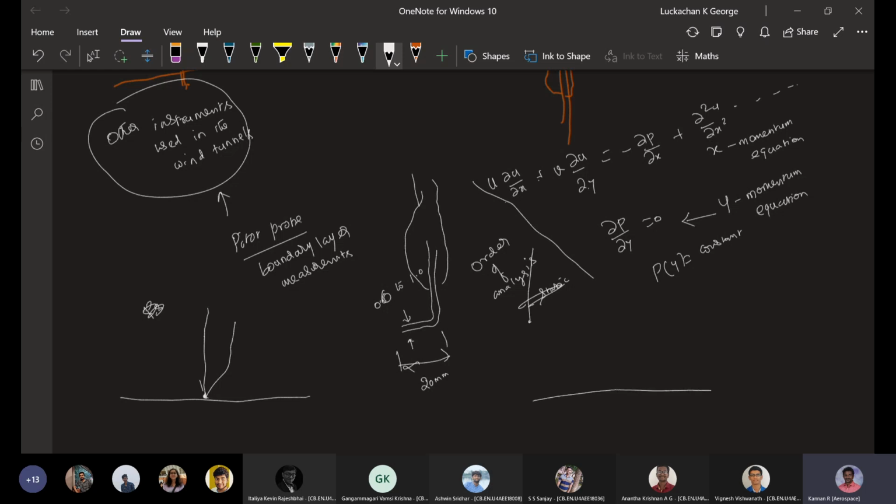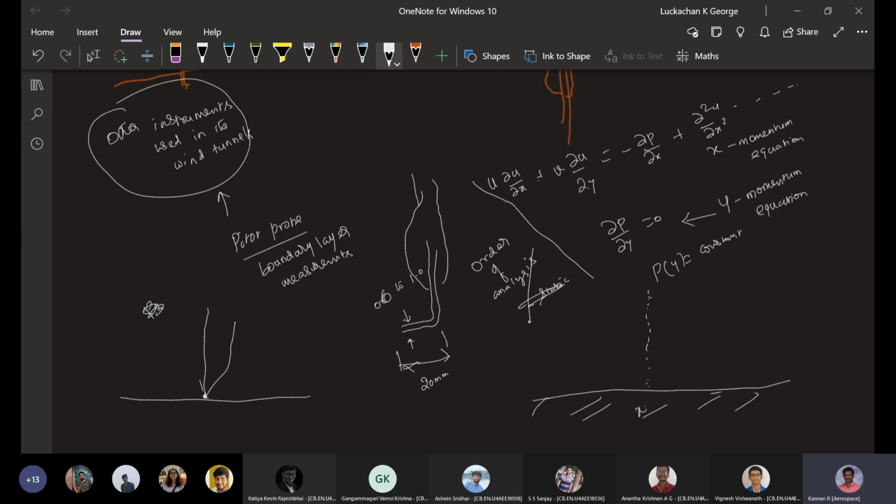So I am going to take a flow over a flat plate. For a particular x location, if I want to measure my boundary layer profile with respect to y, then as per p of y being constant, that is static pressure is constant, I am going to measure only your stagnation pressure here.